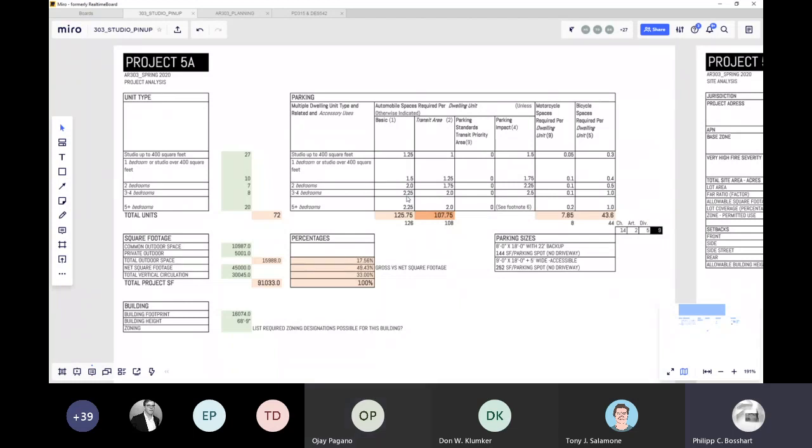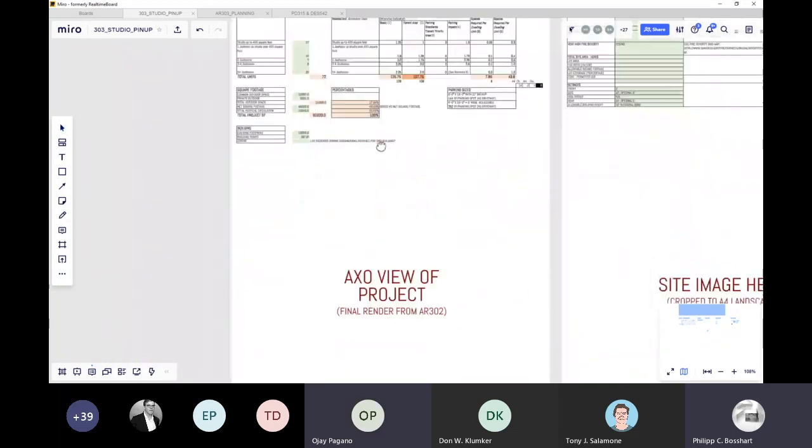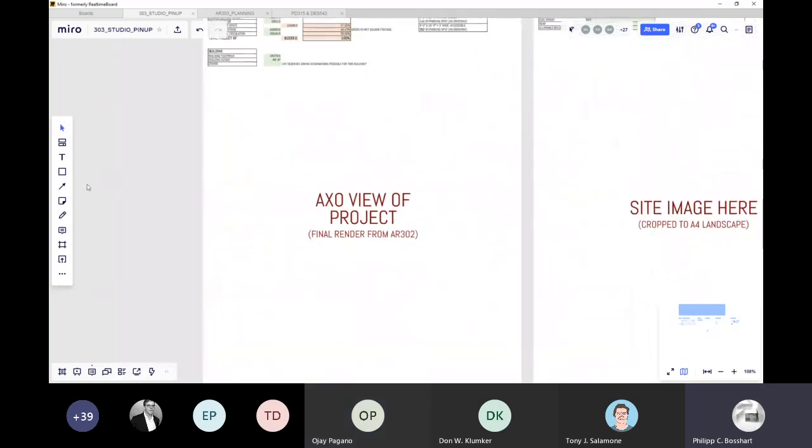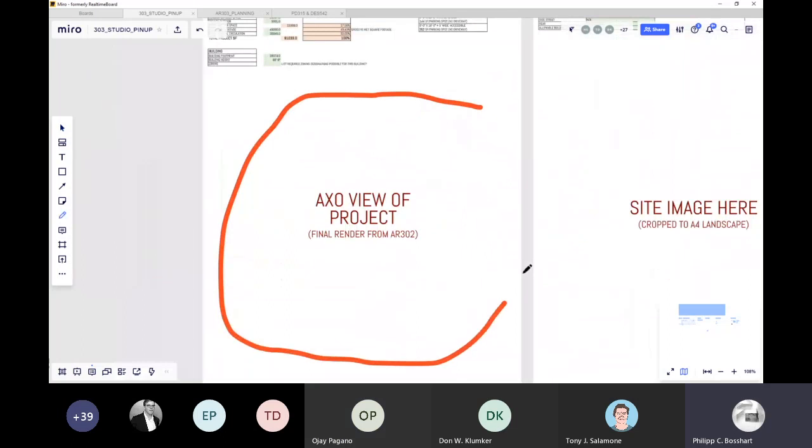So sheet number 1, that's project 5A right here, is asking you to do a collection of information and keep it in this format, and to add a rendering down here of, let's say, the final submittal from 302.